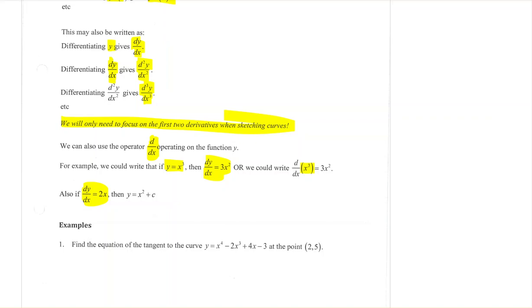Remember, normally we bring the power down the front and subtract 1 from the power. So the reverse is to add 1 to the power and divide by the power. However, also on top of that, because we know when we differentiate, we lose any constants. They just disappear, don't they? If you're reversing the situation, you need to go plus c on there.